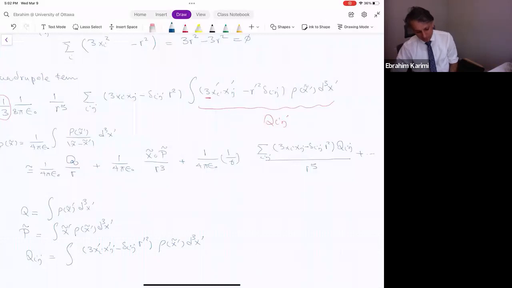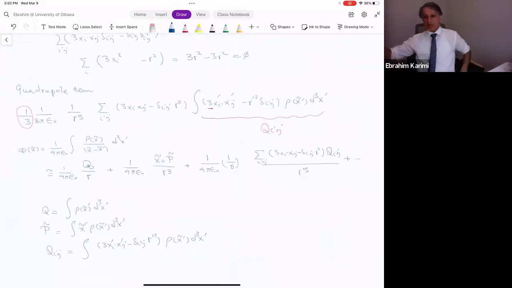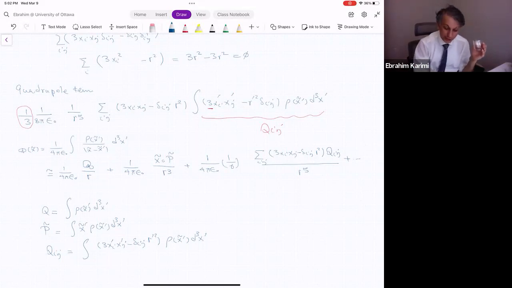Interesting. So assuming that we are far away, the charges are localized. If I have this espresso mug and it is charged, then if you go far away, either you will see it as a point charge, which looks like the first term, q divided by r, 1 divided by 4 pi epsilon 0.